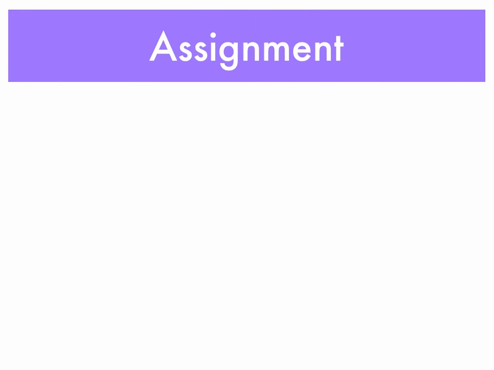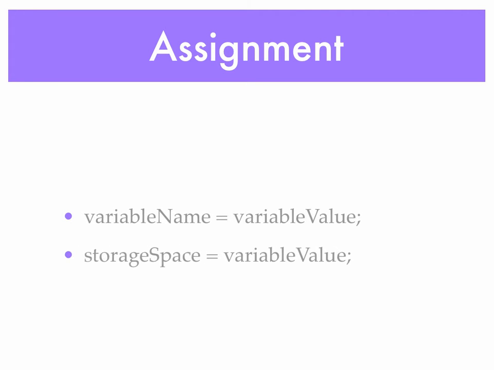Now assignment is the placement of a value into a namespace. And I carry out assignment with the name of the variable, the assignment operator, and the value that I want stored into that space. Remember, that variable name is an alias for the storage space.